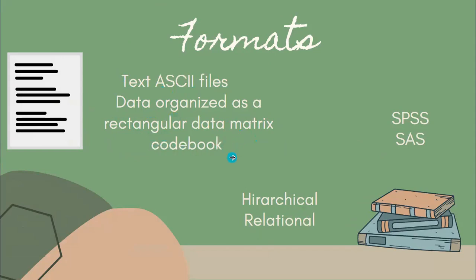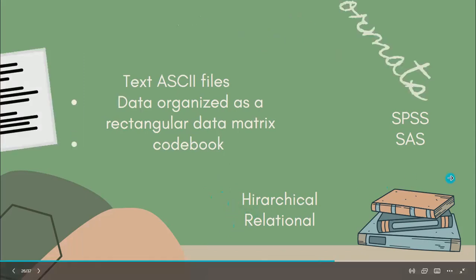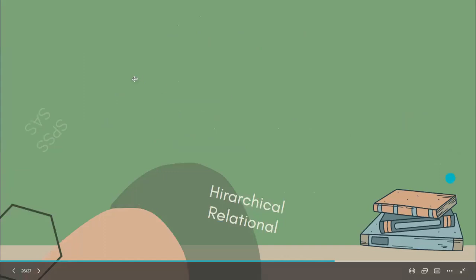This is really important because there you can find how the original researcher used all of the information, how they classified it and everything. Another type is SPSS and SAS. And the data might also be organized in a hierarchical and relational way. Sorry if I pronounced that wrong.